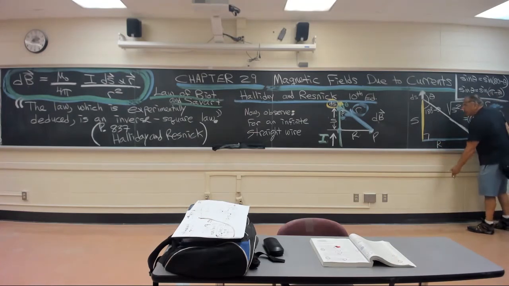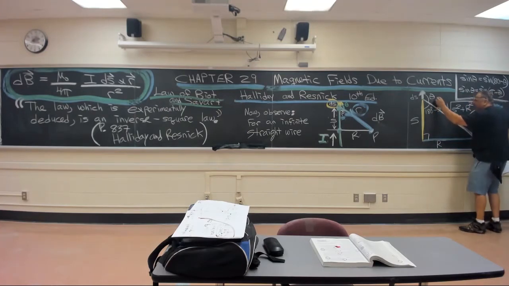So if you go from negative infinity, way down here, all the way to positive infinity, the angle right here is going to be anywhere from 0 to 180 degrees.